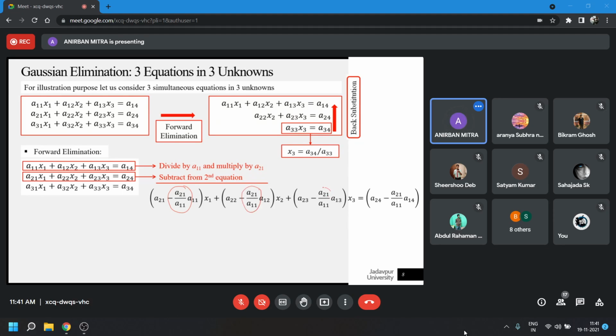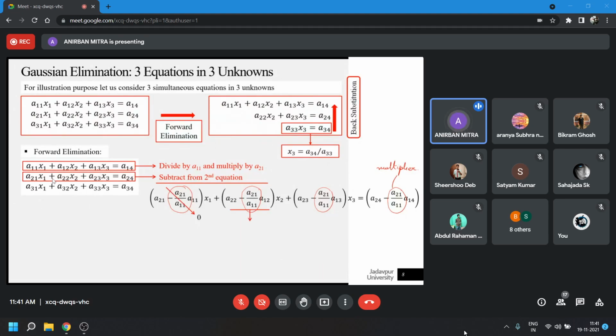So that is a multiplier. You can see that if we carry out this calculation, a11 and a11 get cancelled. You are left with a21 x1. So when you subtract it from the second equation, which has the first term as a21 x1, that obviously gets cancelled out. So this is equal to 0.